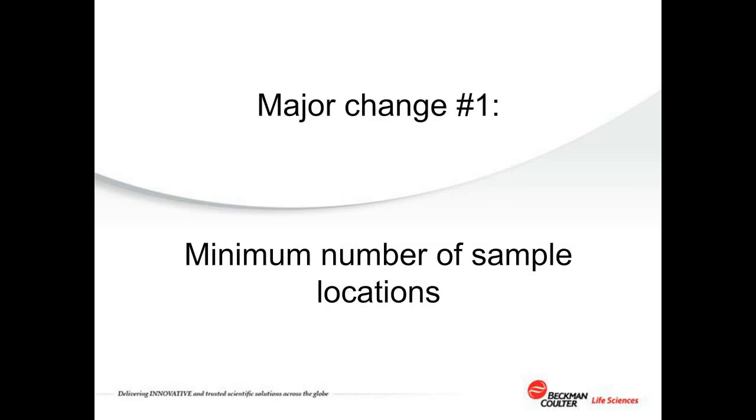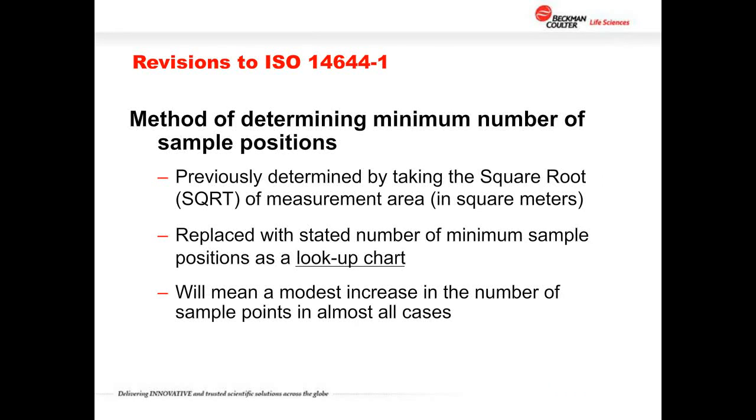So this is where an industry-specific document, Annex 1, is impacted somewhat by that change to a generic, you could say, industry-neutral document. So again, minimum number of sample locations, as we've spoken about, we've moved from square root to the lookup chart.